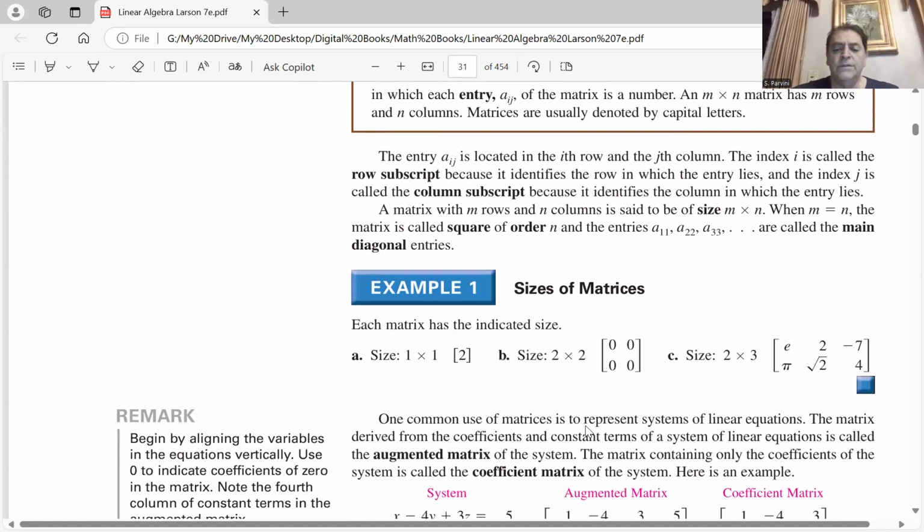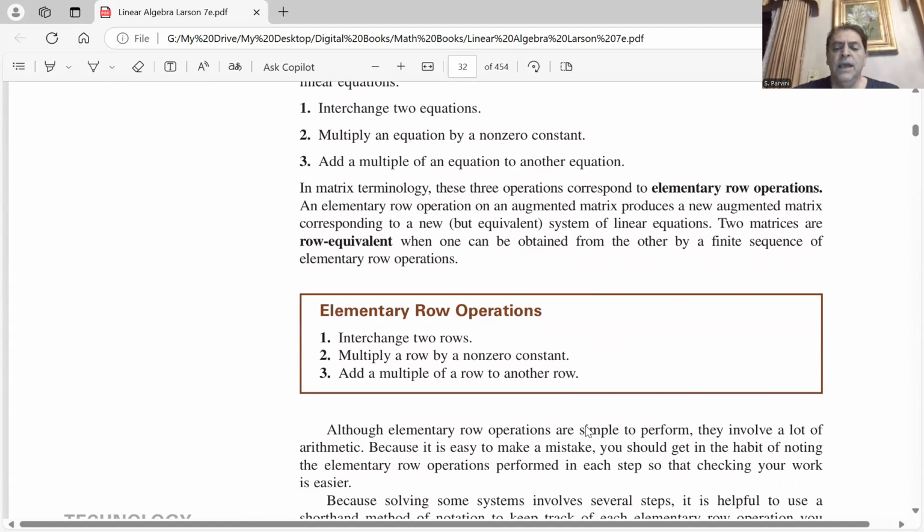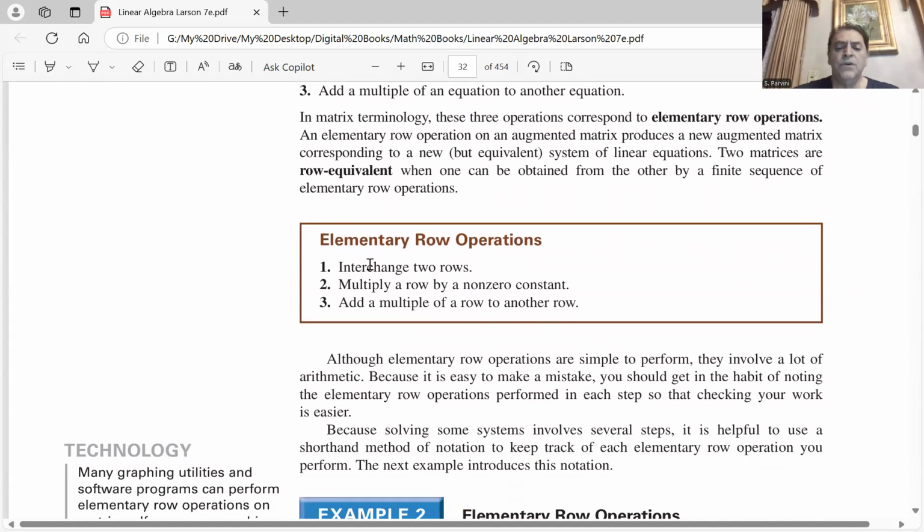And then we looked at some examples of matrices. Now the next thing we talked about, this is important: the elementary row operations on a matrix. These same operations we looked at in section 1, where we talked about equivalent systems of equations.